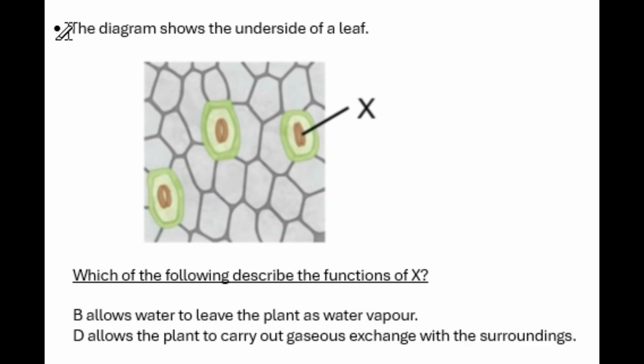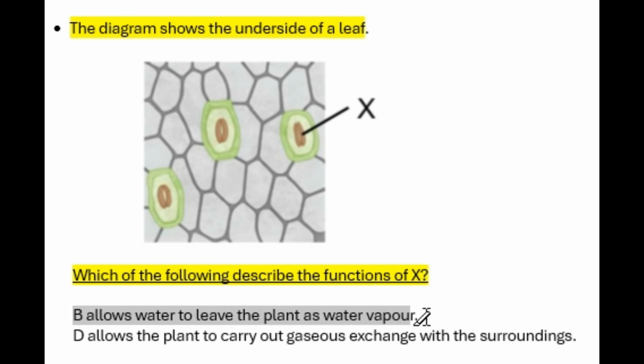The diagram shows the underside of a leaf. Which of the following describe the functions of X? B, allows water to leave the plant as water vapor. D, allows the plant to carry out gaseous exchange with the surroundings.